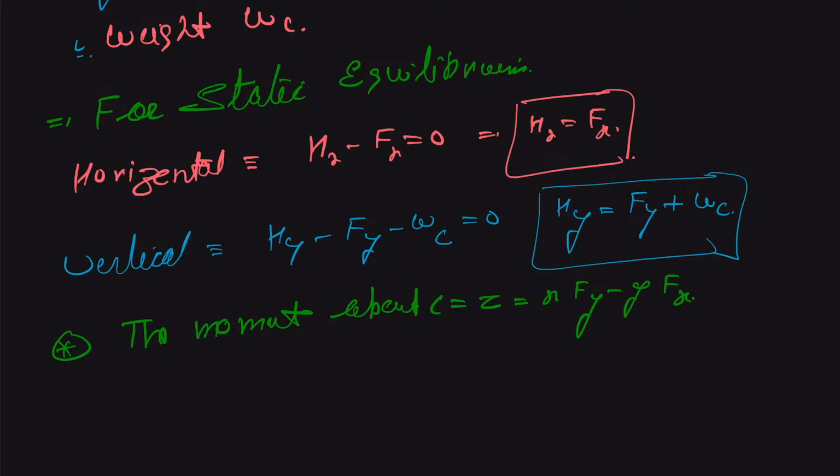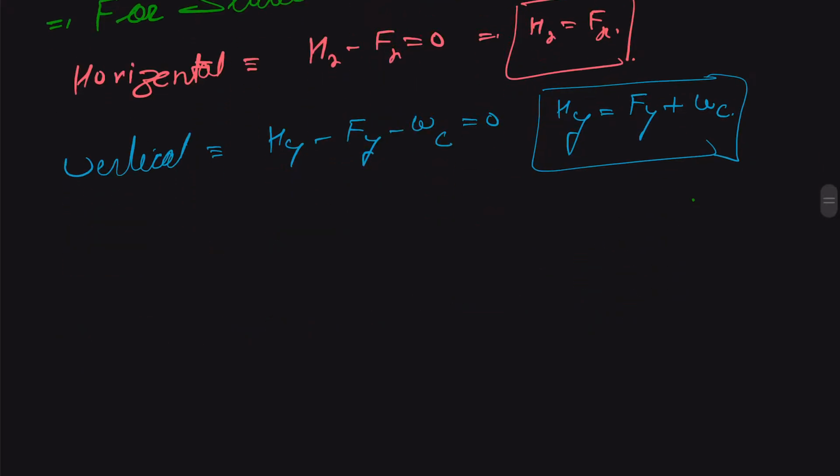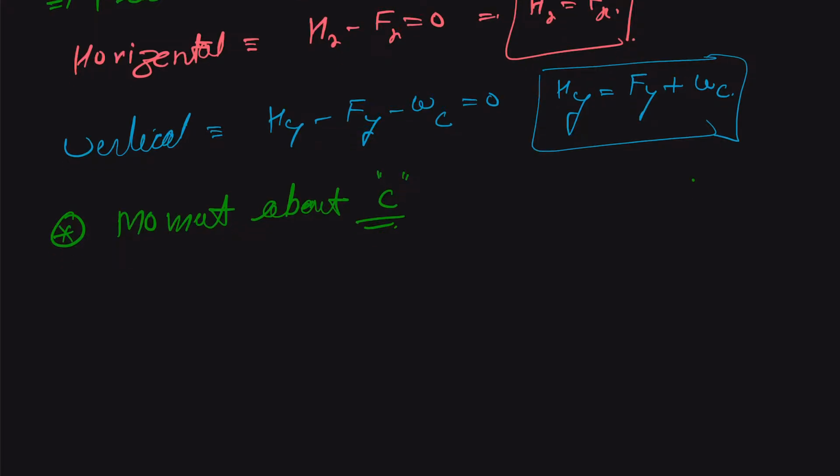Let me write it the other way. So you can say, because we are calculating with respect to C, moment about C, and we are going to take anti-clockwise as positive. Anti-clockwise will be taken as positive.